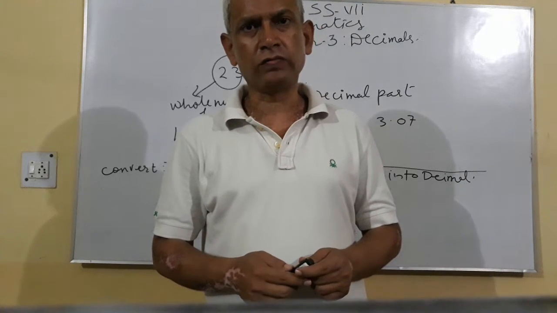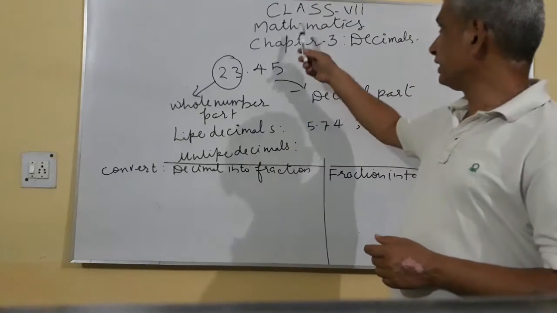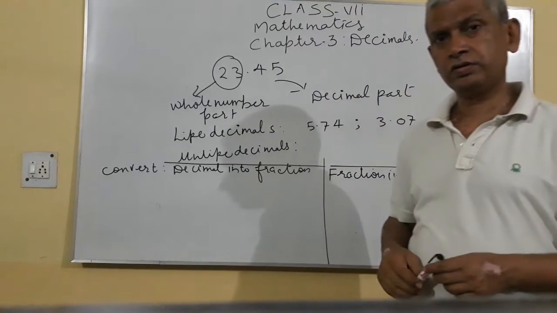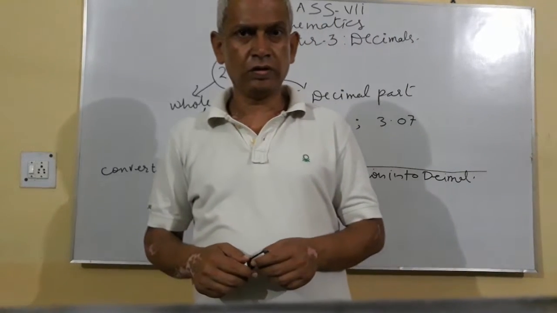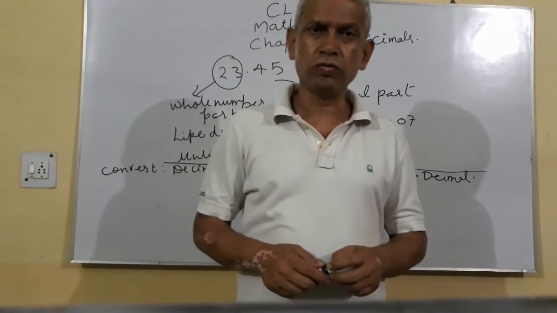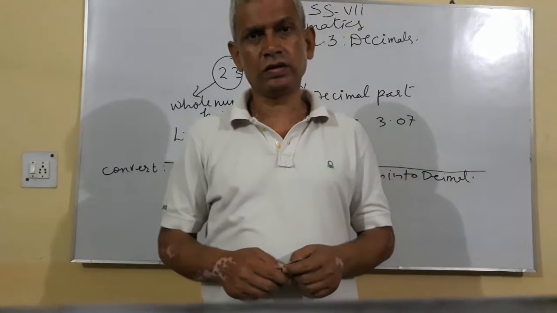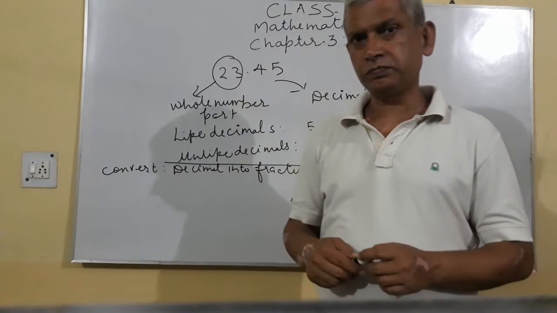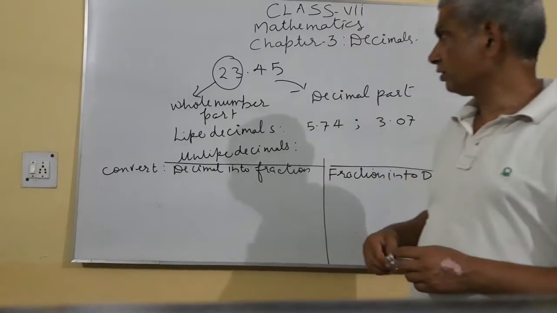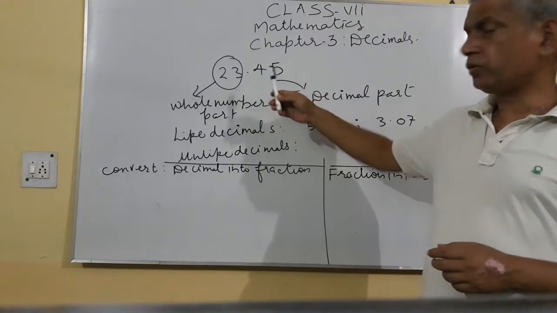In that we'll start from chapter number 3, that is called decimals. So in this chapter, let us recall a few things which we have studied in class 6. In class 6 we have studied that a decimal number has two parts.